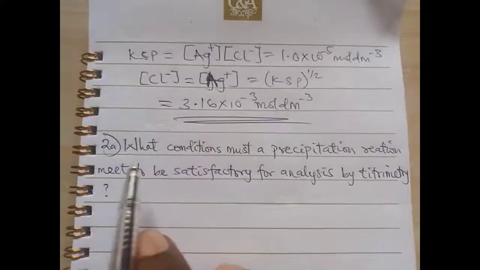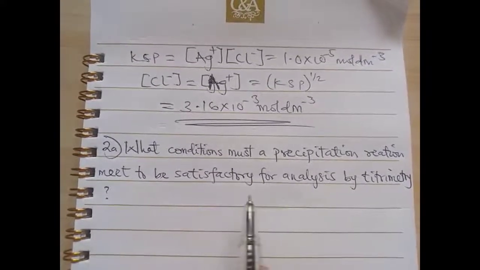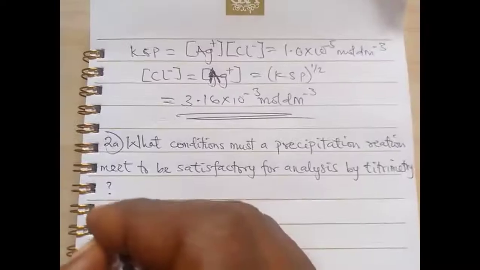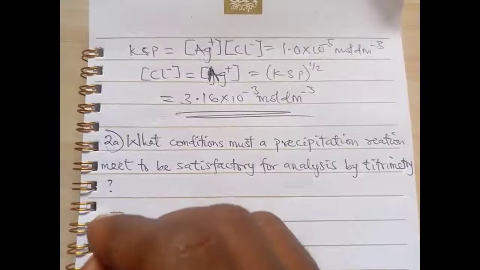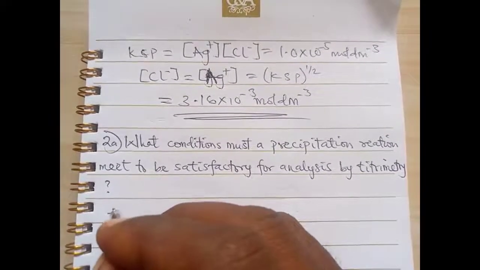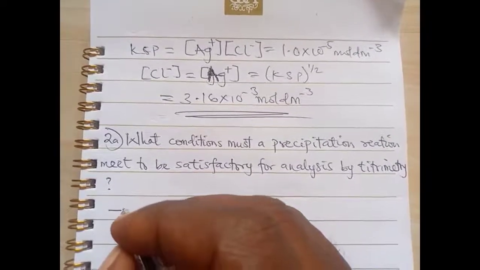Number 2a says, what conditions must a precipitation reaction meet to be satisfactory for analysis by titration? The answer is that the first one, the precipitates formed are practically insoluble. The second one is that the precipitation reactions are instantaneous and rapid.